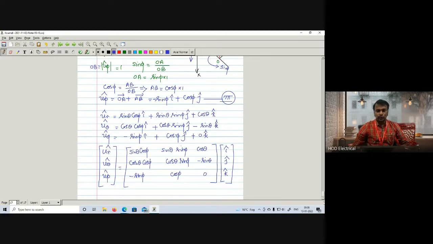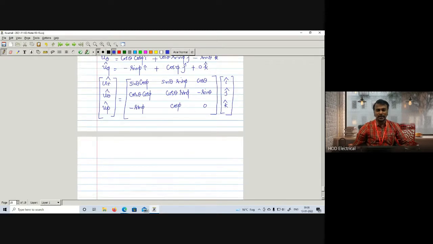So this is the conversion of unit vectors in Cartesian to unit vectors in the spherical coordinate system. First we should know what the matrix will be when we convert from spherical to Cartesian coordinates. For that, take this matrix as the C matrix.